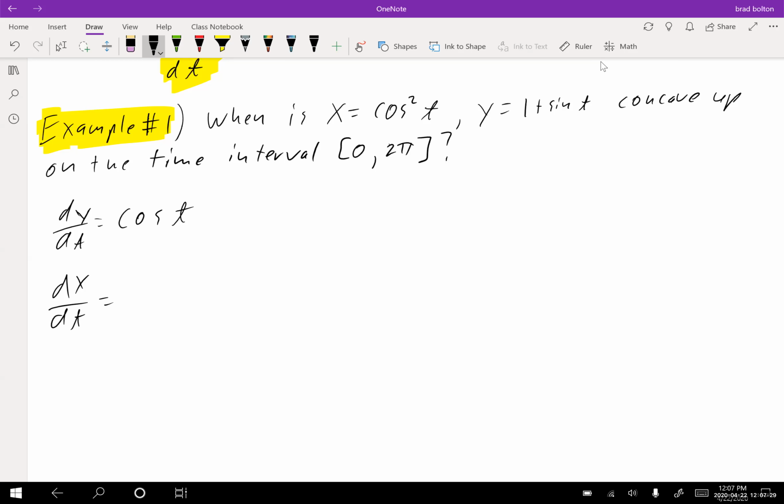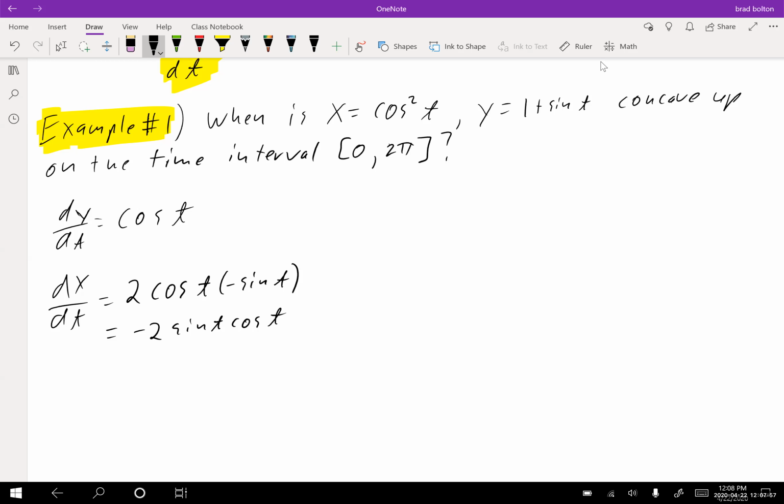The next thing I need to do is find dx dt. I have to move my computer. dx dt will be, let's see here, take the power, put it in front, so that's 2 cosine of t times the derivative of cosine, which is negative sine t. So we end up getting negative 2 sine t cosine t.